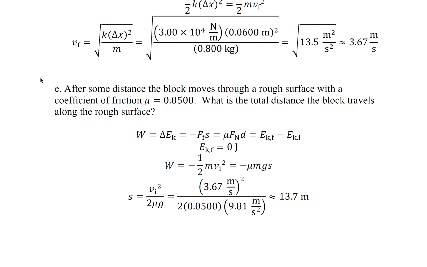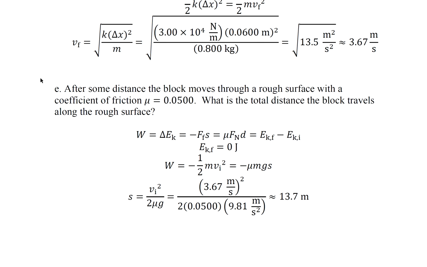Part E, after some distance, the block moves through a rough surface with the coefficient of friction 0.05. What is the total distance the block travels along the rough surface? Remember, work is equal to change in kinetic energy, which is equal to minus force of friction times distance.